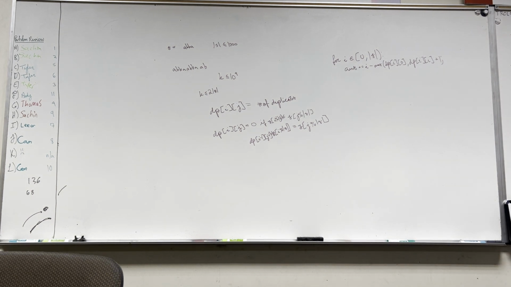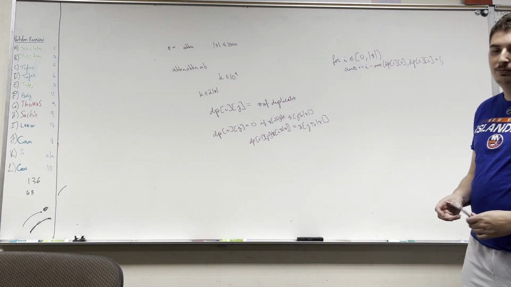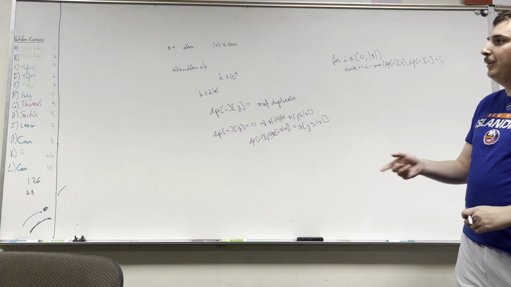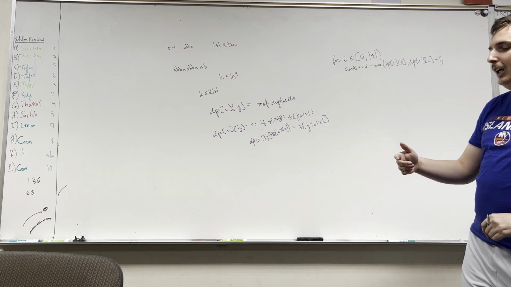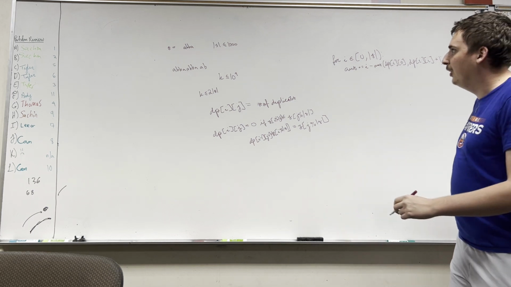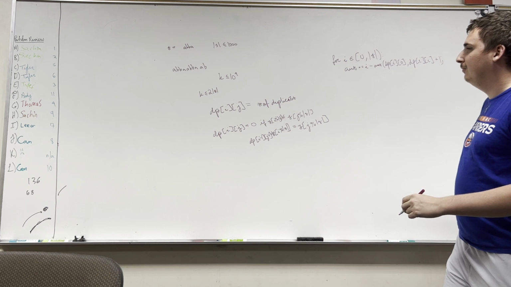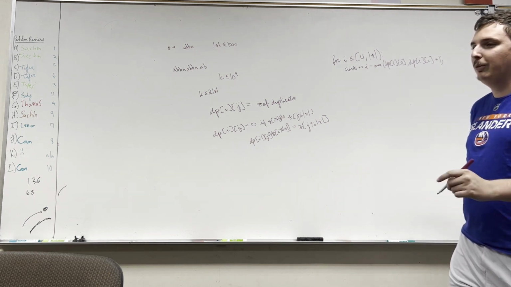That would count how many unique substrings are in the first 2S or K characters, whichever one is smaller.